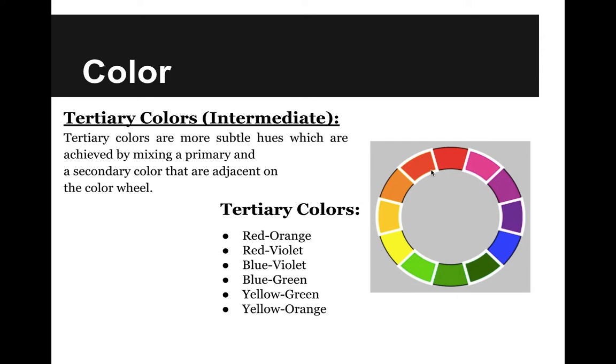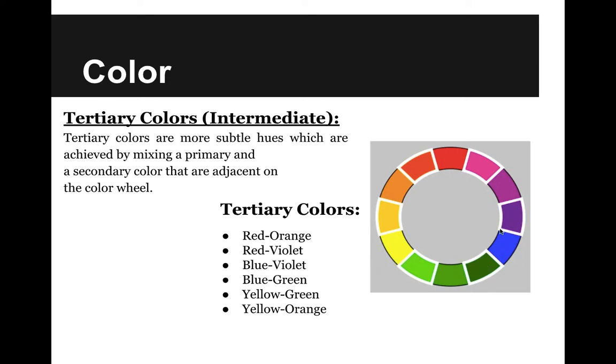And you can see that you get these colors by mixing. So we have red-orange right here, and you get it by mixing red and orange. And amazingly, it's between the colors red and orange. And you get yellow-orange by mixing yellow and orange, and it's between yellow and orange. So there's a pattern. Yellow-green is between yellow and green.